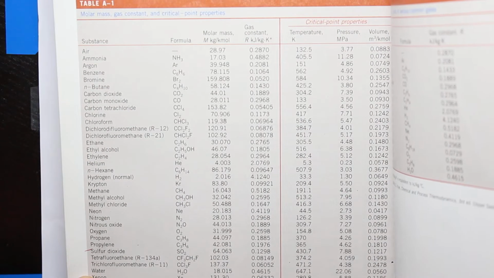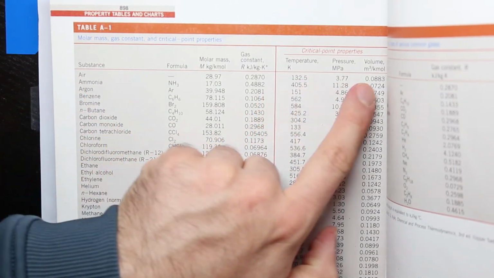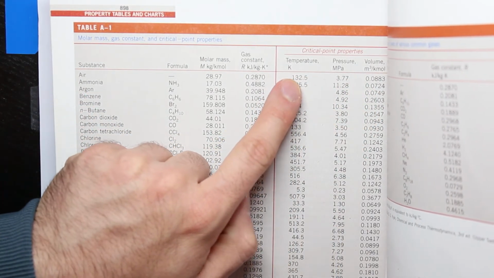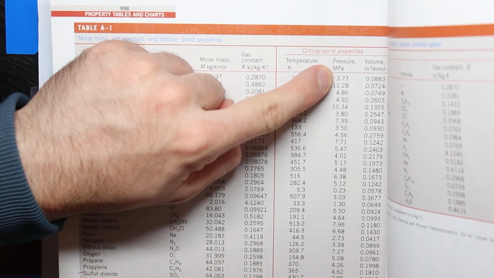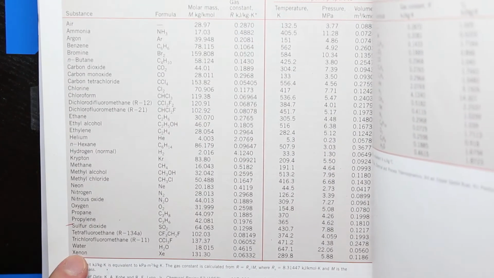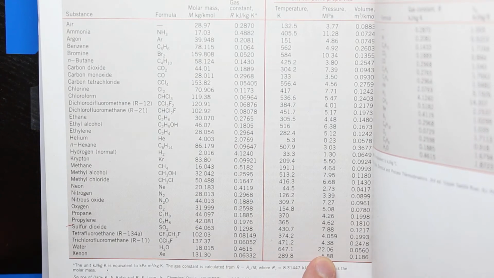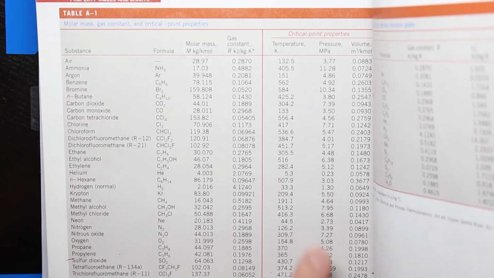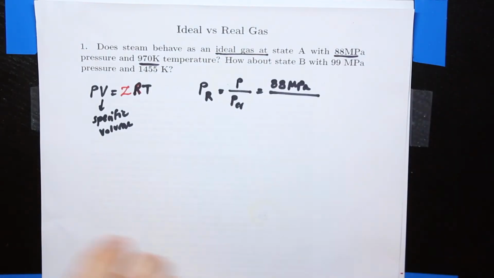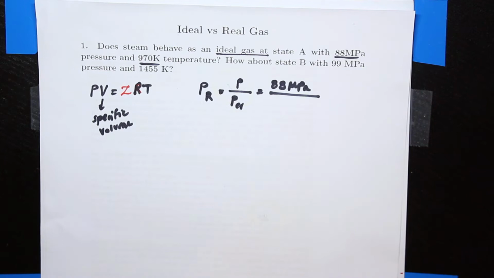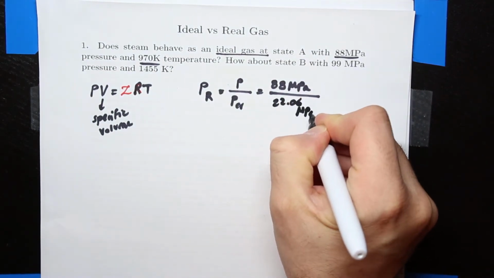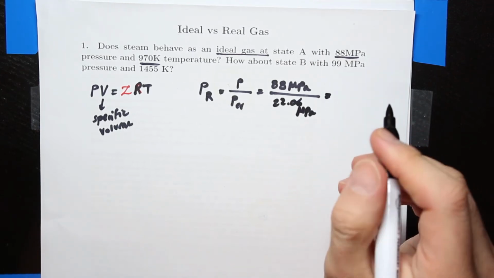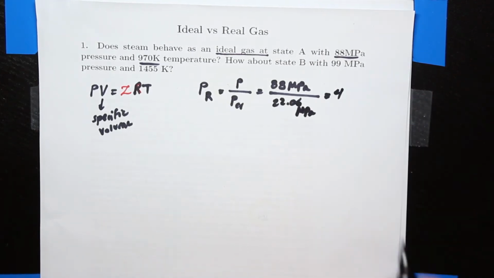This is water, and these columns give us the critical properties. You want to use this column for T critical and this column for P critical. For water, the critical pressure is 22.06 megapascal, and that ratio is roughly equal to 4.